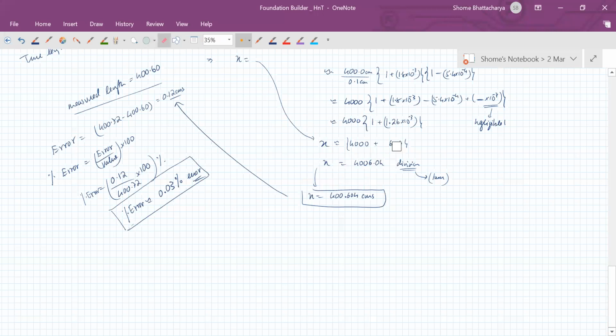Oh, just a small calculation mistake here. This should be 5.04 instead of 6.04. So just make a small correction here. We're going to have a larger percentage error.